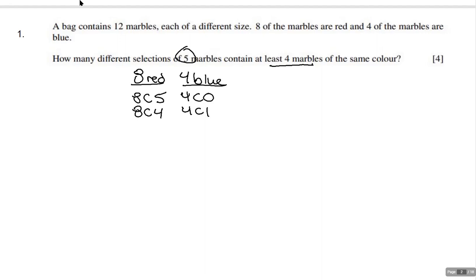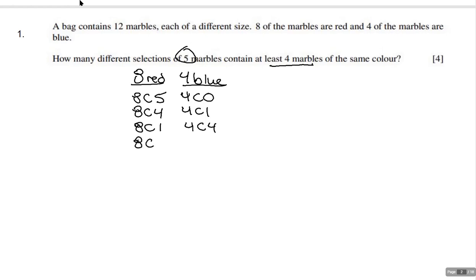No, because that doesn't meet the requirement of having at least 4. So what's the only other thing I can do? 8, choose 1, and 4, choose 4. That gives me 5 marbles, and 4 of them are blue.